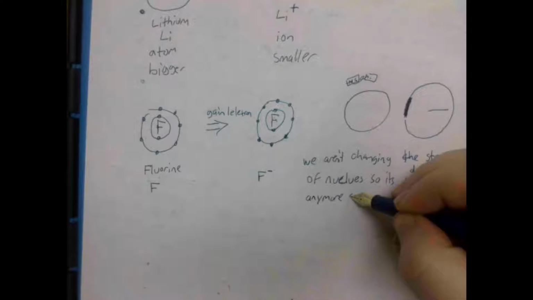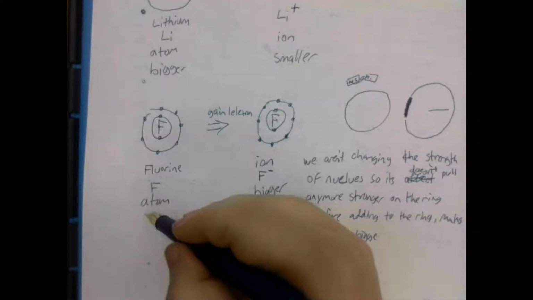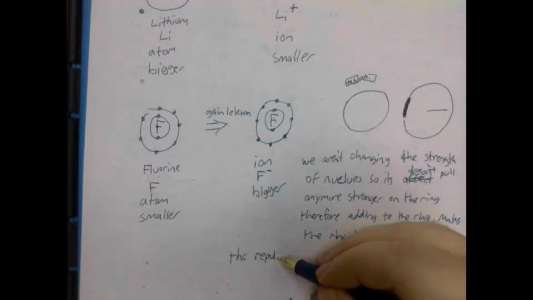So when you become a negative ion, it is bigger, and the neutral atom is smaller. And the actual reason why this is, is the repulsion of electrons in the same energy level.